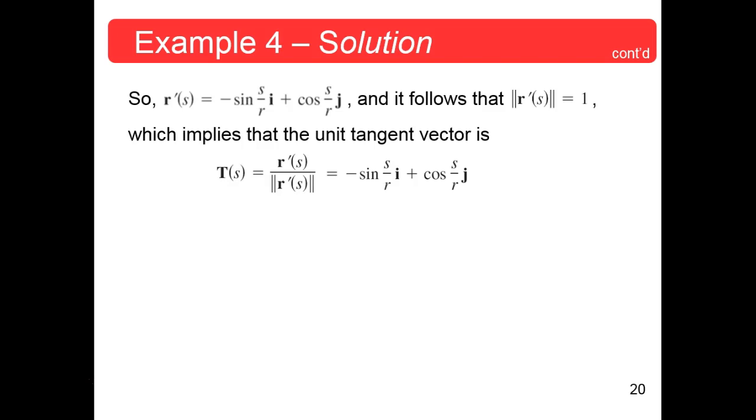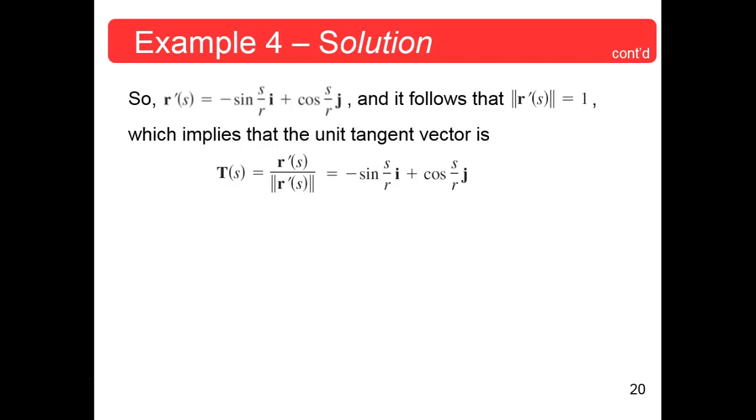But when you find the magnitude of it, you find out that's simply 1, because this would be sine squared plus cosine squared, that's equal to 1. So if the magnitude of that first derivative is 1, that implies that it is indeed the unit tangent vector, because it would be r prime over magnitude of r prime, so that's 1. So this is the unit tangent vector.